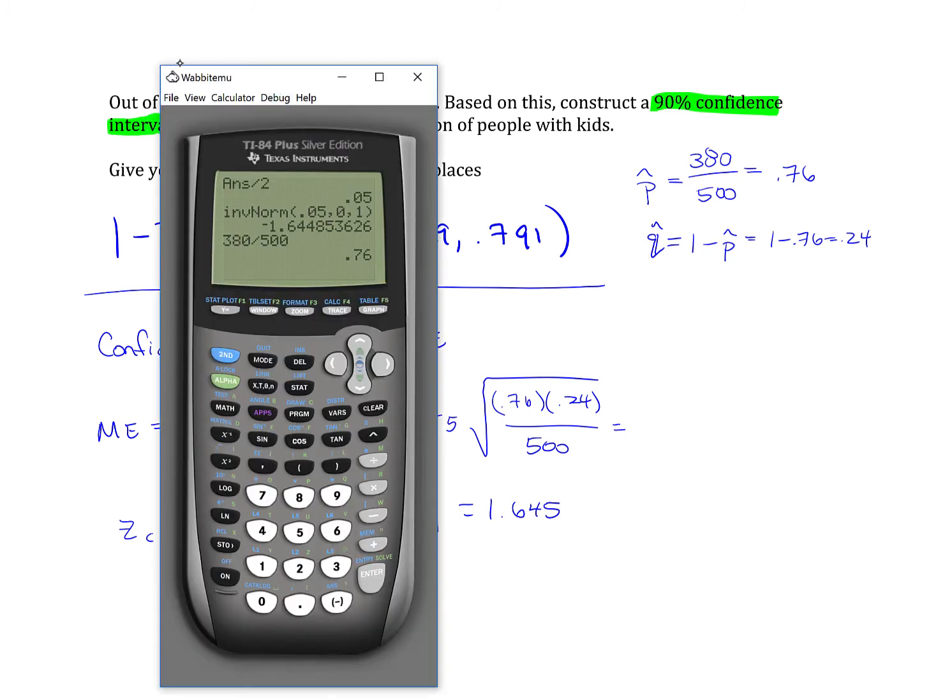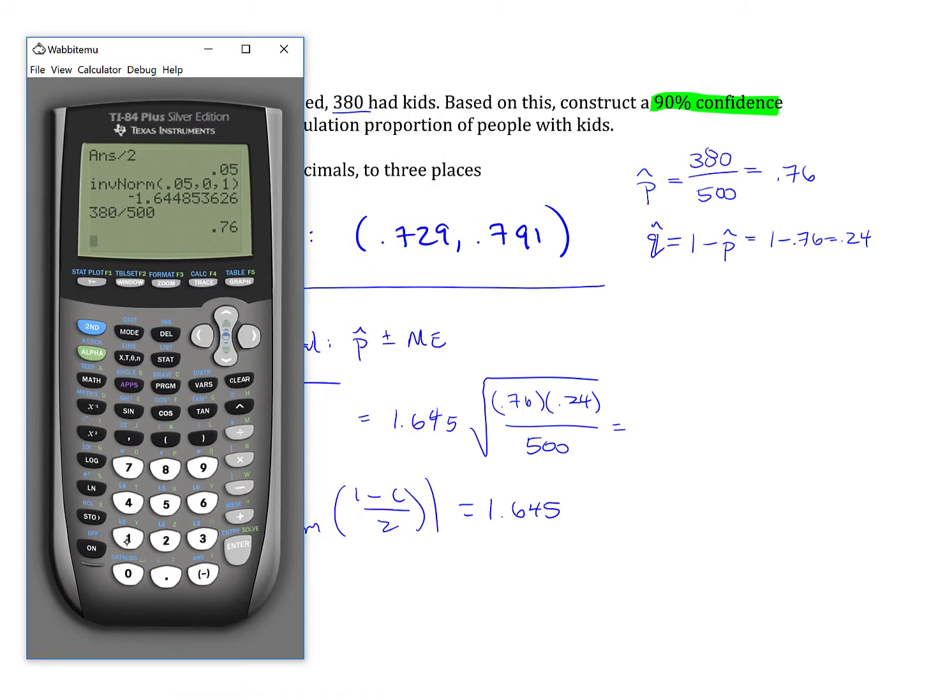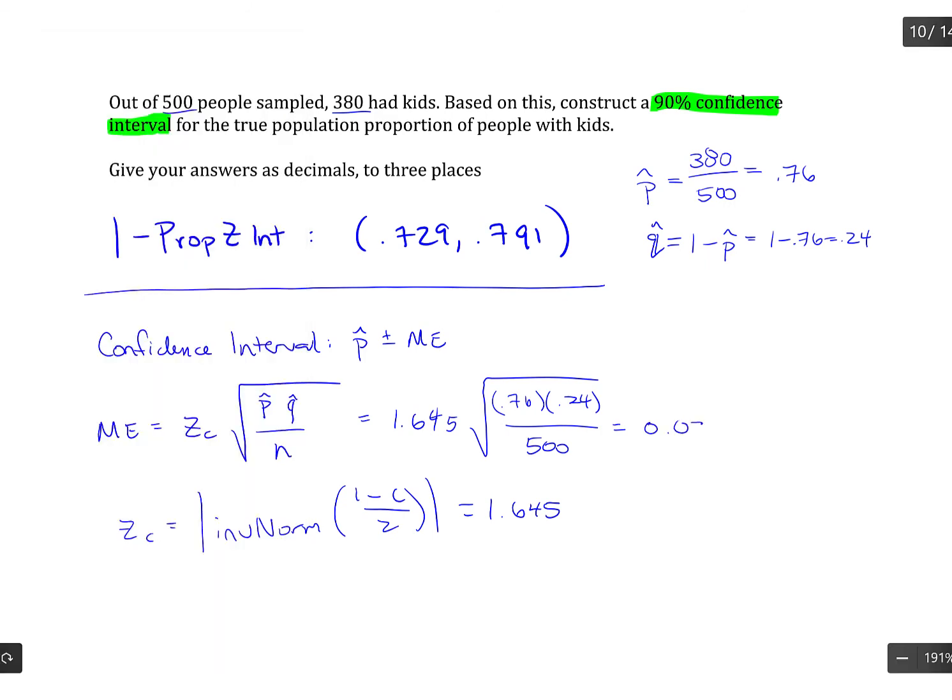Then all of this goes into the calculator. So 1.645 times the square root, 0.76 times 0.24, divided by 500. Oops, I missed a 0. There we go. And we've got 0.031.